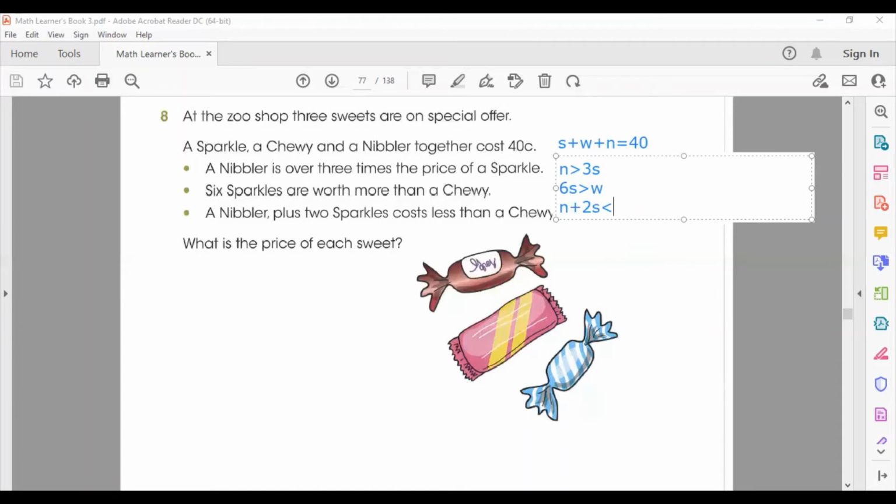Less than. Okay, this information we have. Now we can find the price using the above information.